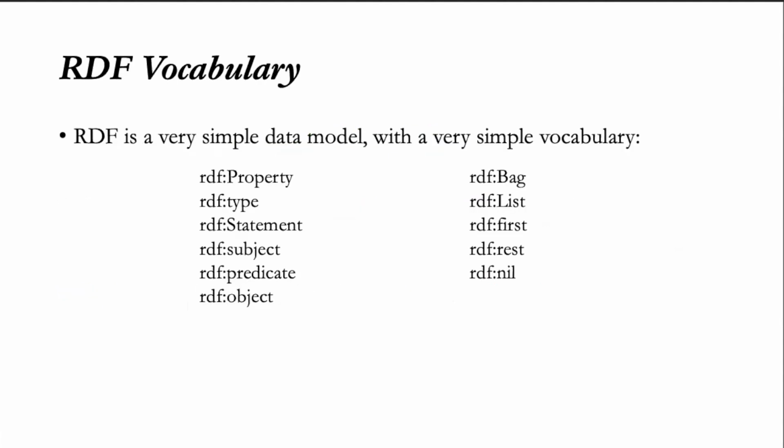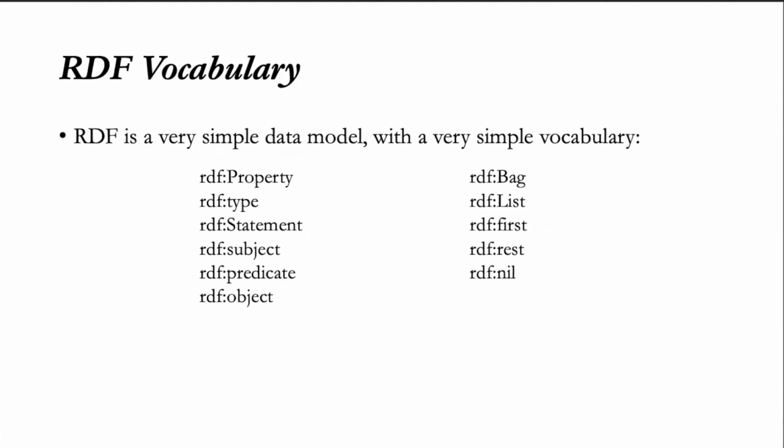The vocabulary. So RDF in the data model sense is a simple data model, and it has a simple vocabulary that is associated in the abstract syntax, by the way. There's a reason people get these things confused, the vocabulary and the abstract syntax, because that W3C documentation describes them both, though it's clear about which one's which.